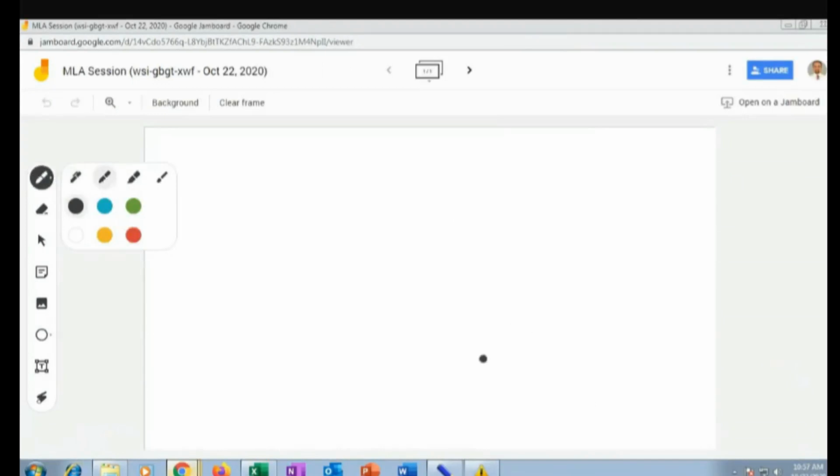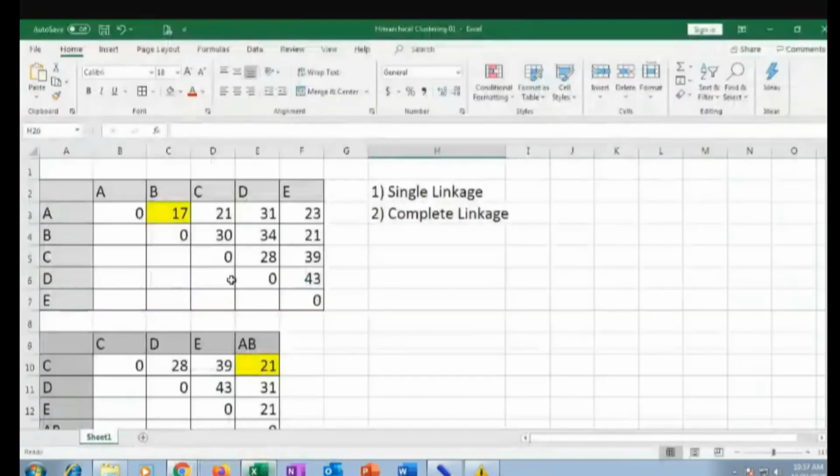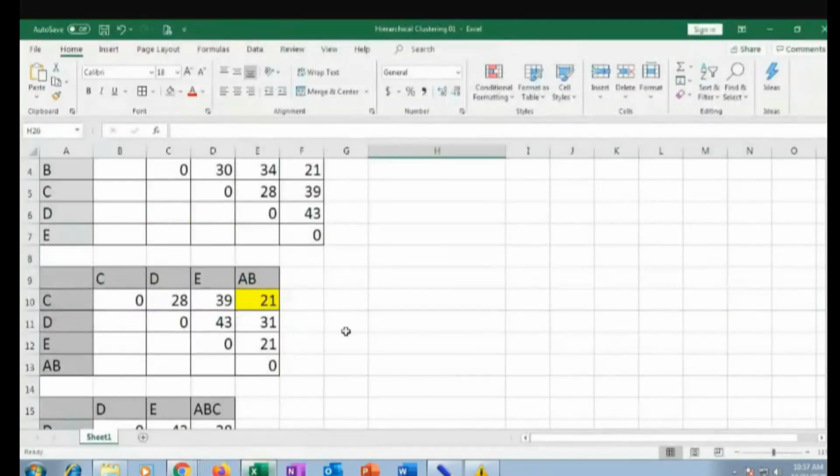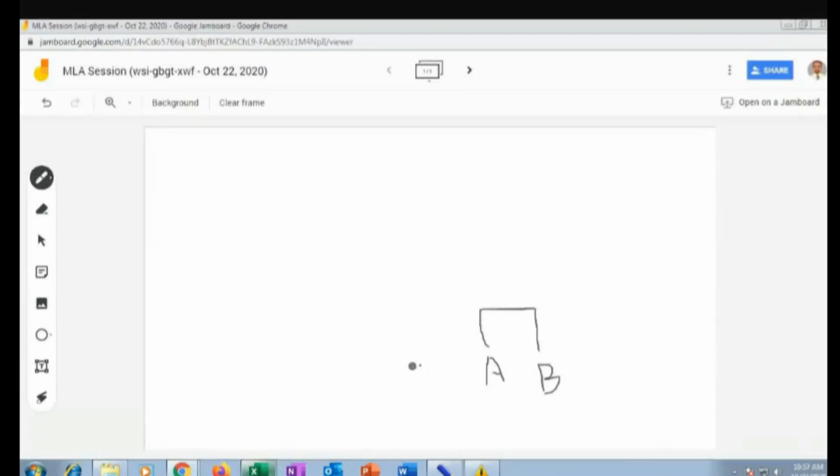Okay. So you will have A and B. So this is merged. Then the next that you have merged is C. So you have merged C with AB.